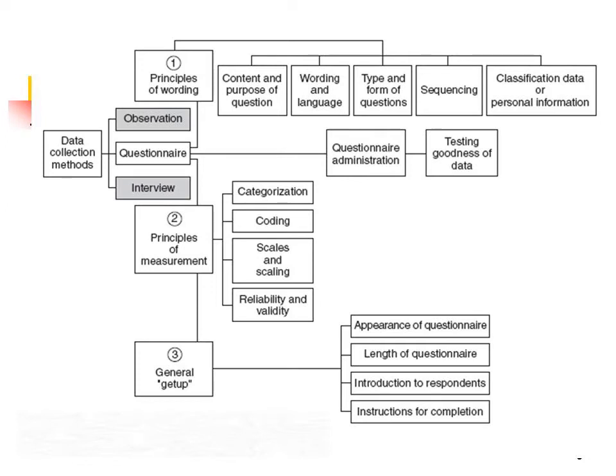When we talk about the principle of measurement: categorization, coding, scales and scaling, reliability and validity are all discussed under the principle of measurement. General getup: appearance of the questionnaire, length of the questionnaire, introduction of the respondent, and instructions for the completion of the questionnaire.